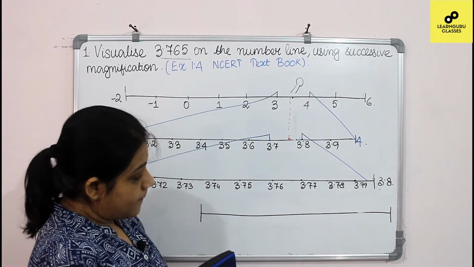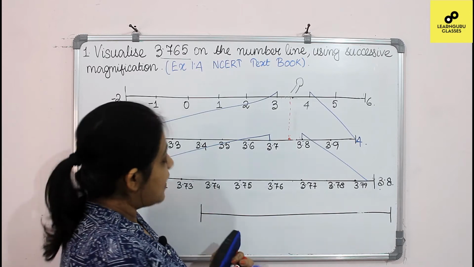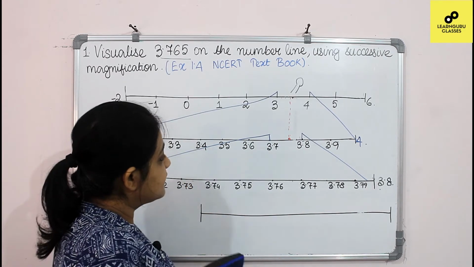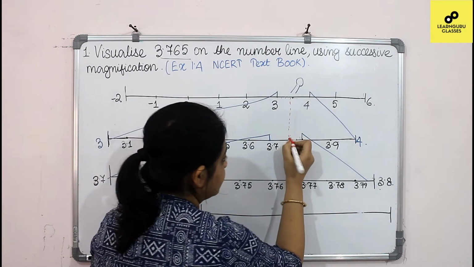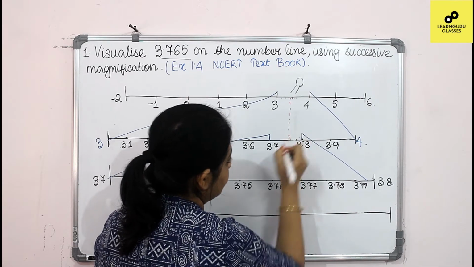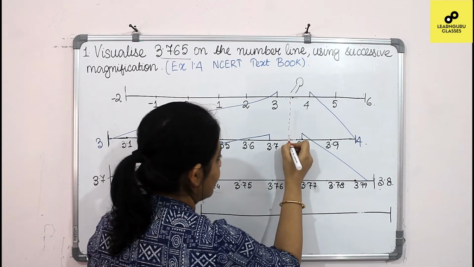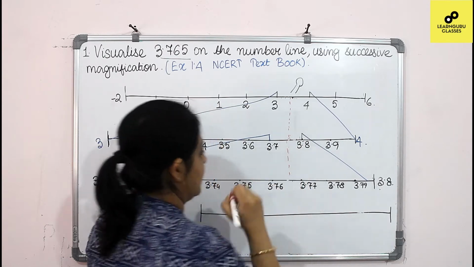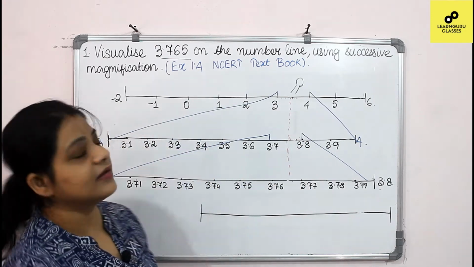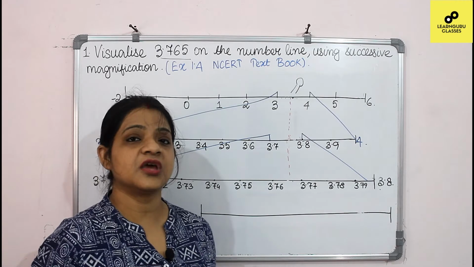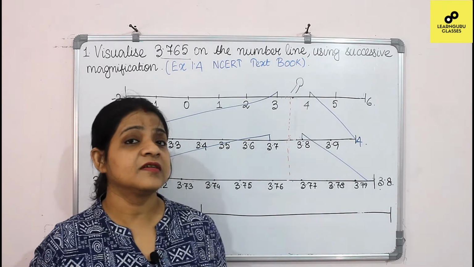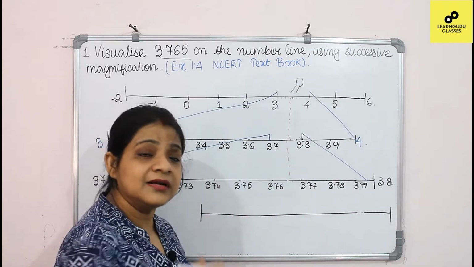Okay, so now next is, let us project this approximate position in the second number line to the third area. Now again let us predict where the position of 3.765 will lie on the third number line.